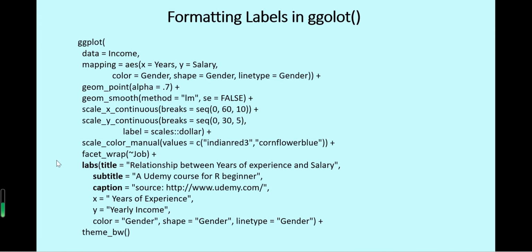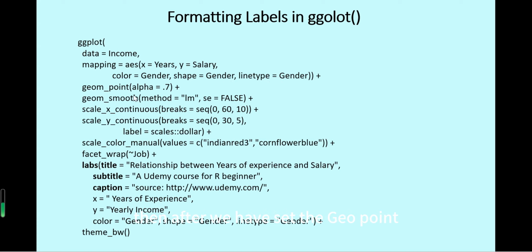For example, in this ggplot function, we first set the data and the mapping, where x is years and y is salary, and the color, shape, and line type differ for different observations.